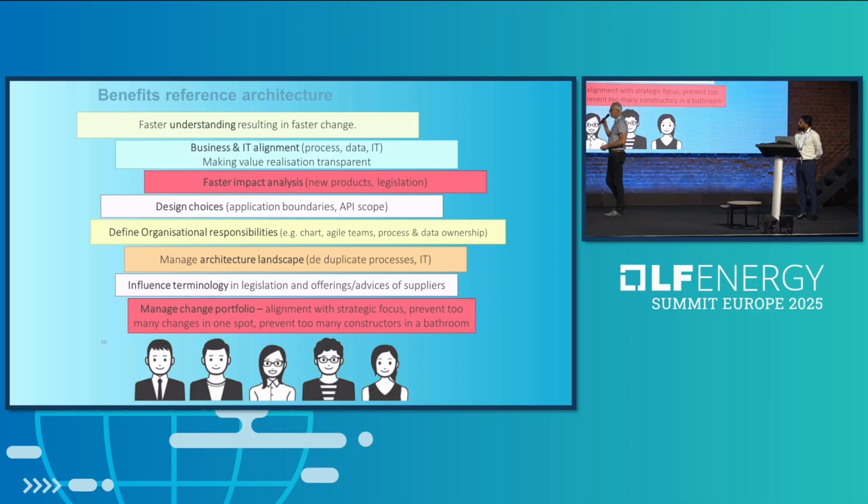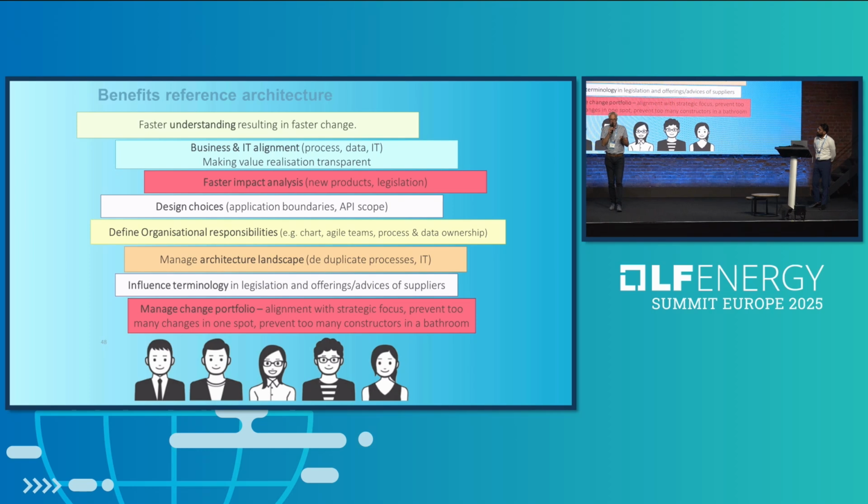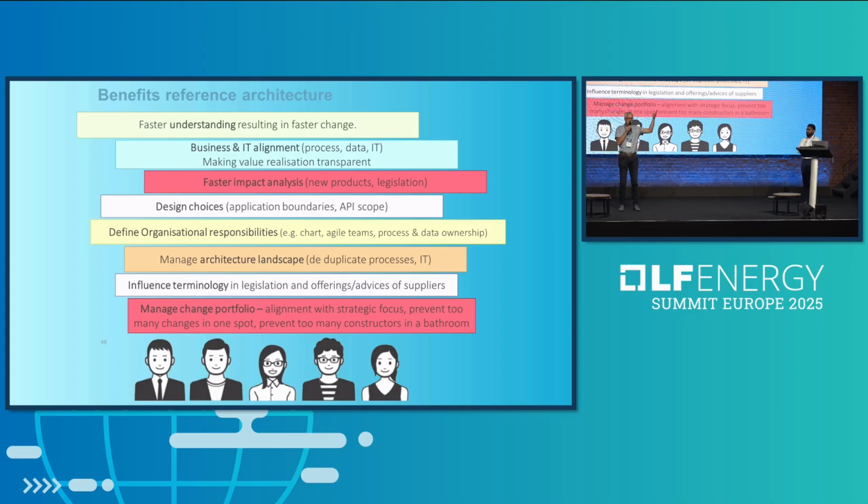Another example is you can manage your change portfolio. You can tell, okay, this project is in this area of the business, and because that area of the business is strategically important, your project is important. So you can connect via the reference architecture your solutions and projects to the strategy of the business. And that helps communicating about it.